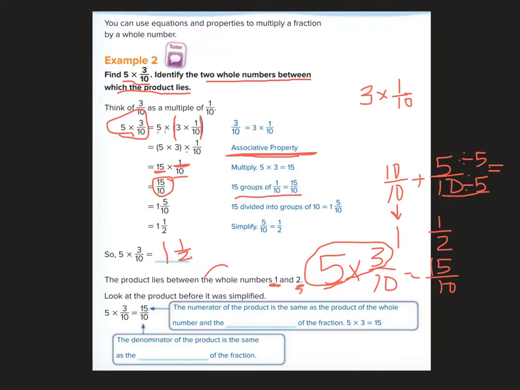So the numerator of the product is the same as the product of the whole number and the numerator of the fraction. We're multiplying the whole number and the numerator of the fraction. 5 times 3 is 15. The denominator of the product is the same as the denominator of the fraction. Nice.